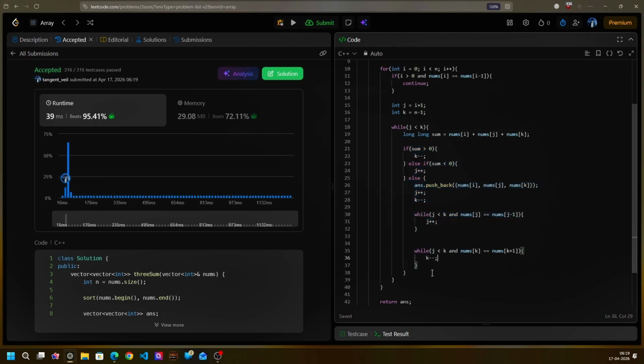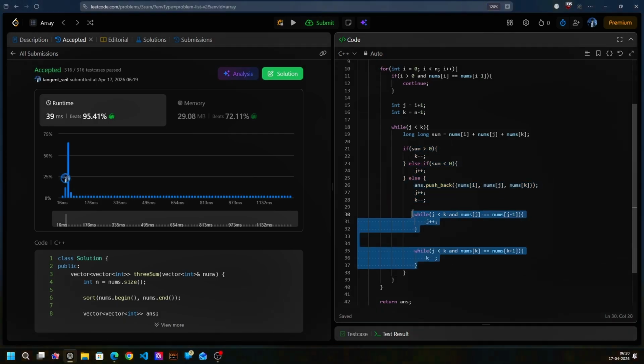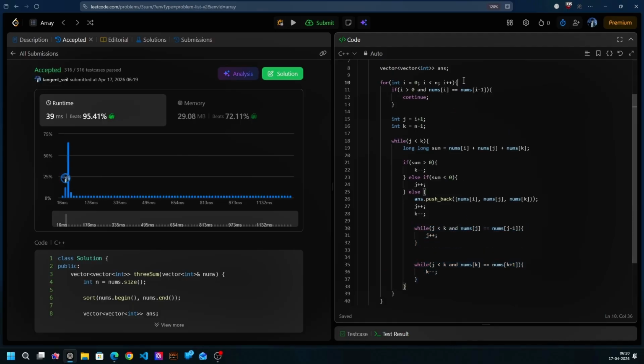Okay, and these loops are basically skipping the similar values, and the time complexity of this problem will be n square, because we are running one loop here and we are running another loop here for the j and k. So the overall time complexity will be n square, and the space complexity is same as the previous, because it is only taking space for storing the answer, not for solving the problem.